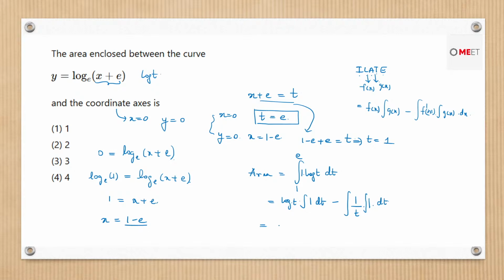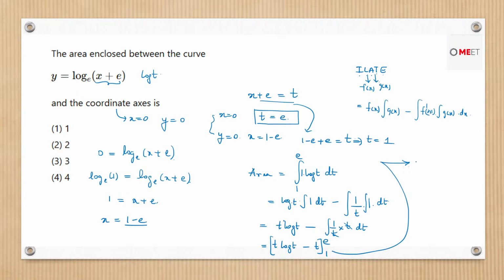So this will be t log t minus 1 by t. Integration of this would be t once again. So t and t will get cancelled. This is dt. So this is t log t minus t, limits 1 to e.